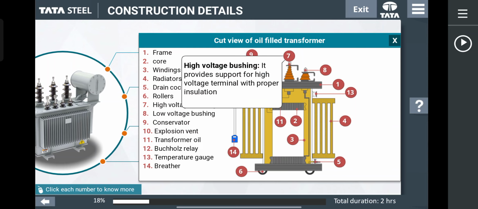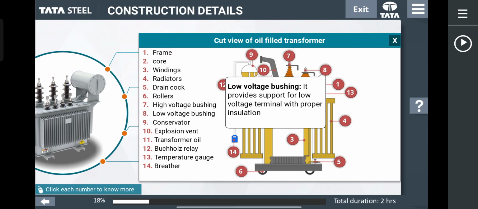It provides support for high voltage terminal with proper insulation. Low voltage bushing. It provides support for low voltage terminal with proper insulation.